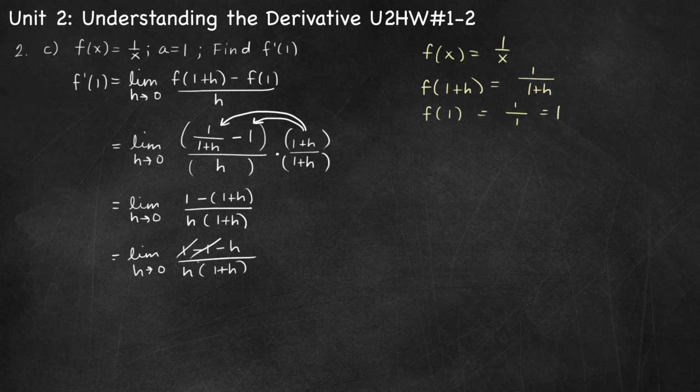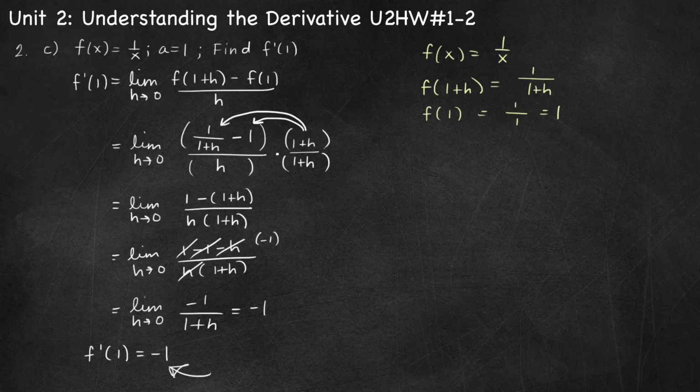So 1 minus 1 is 0. Then I have negative h over h. So the negative h over h just leaves me with a negative 1 on top. So I have limit as h approaches 0, negative 1 over 1 plus h. And if we find this limit using substitution, we substitute 0 in for the h, we get negative 1. So that tells me that f prime of 1 equals negative 1.